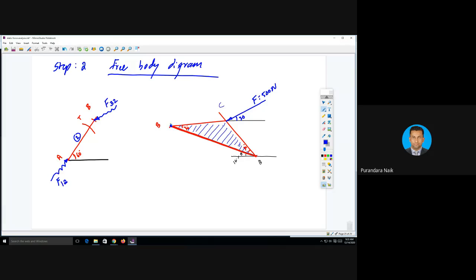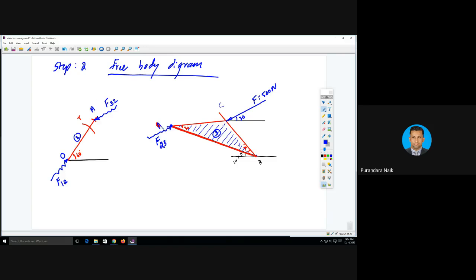Now what are the forces acting? Where is point B? At point B, we have a force that is F32 on link number 2, and this is F23. Here we have one more force at point, sorry, OA. This is A, correct?